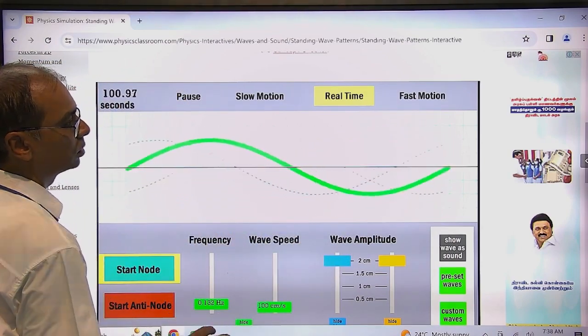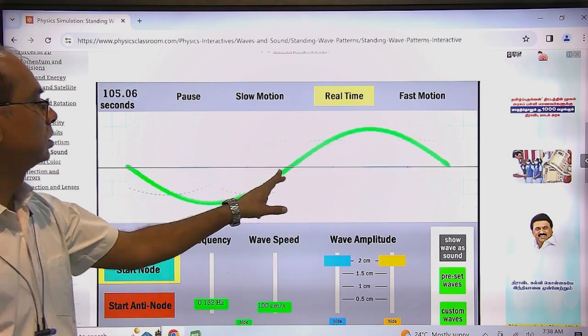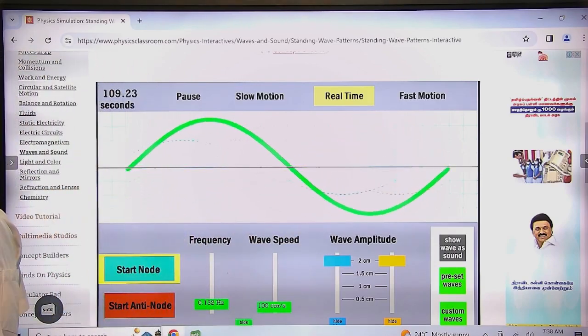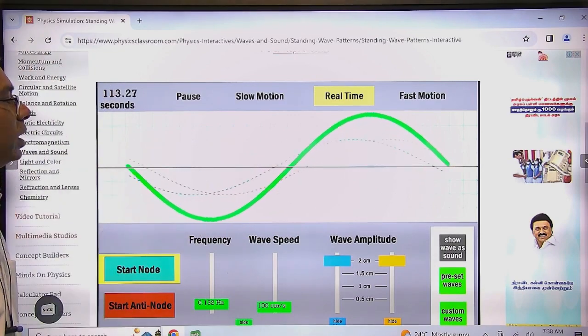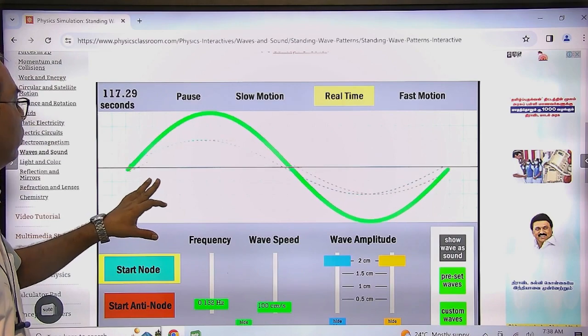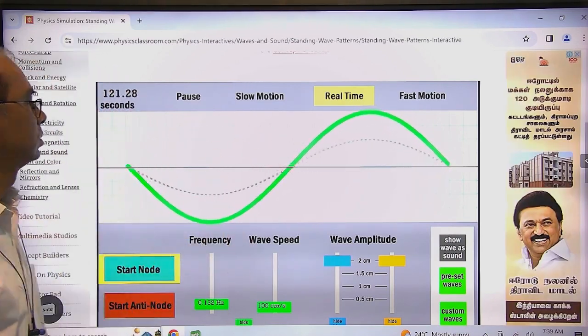I think now it's closed. Yes. So this is a node, and that is a node. So the energy of this is not reaching the energy over here. That's why it's called a standing wave. And this orange and blue are traveling waves, which are superposing and making this standing wave here.